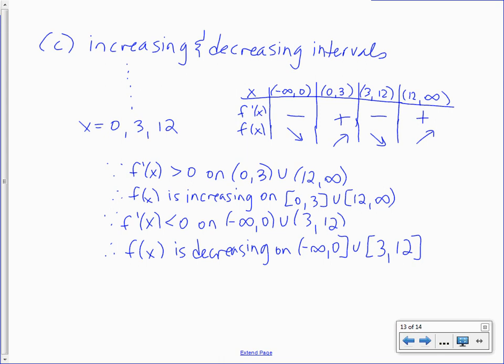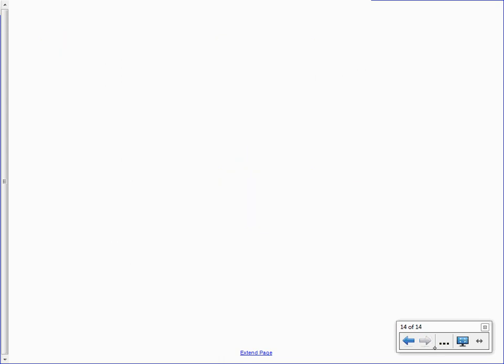Okay, what if I asked you to determine the concavity? It'll say determine concavity intervals. Okay, so this time, again, remember, it might just be: here's f at x, determine the concavity intervals of f at x. So what would you need to do? What would be the first step? You'd need the second derivative.